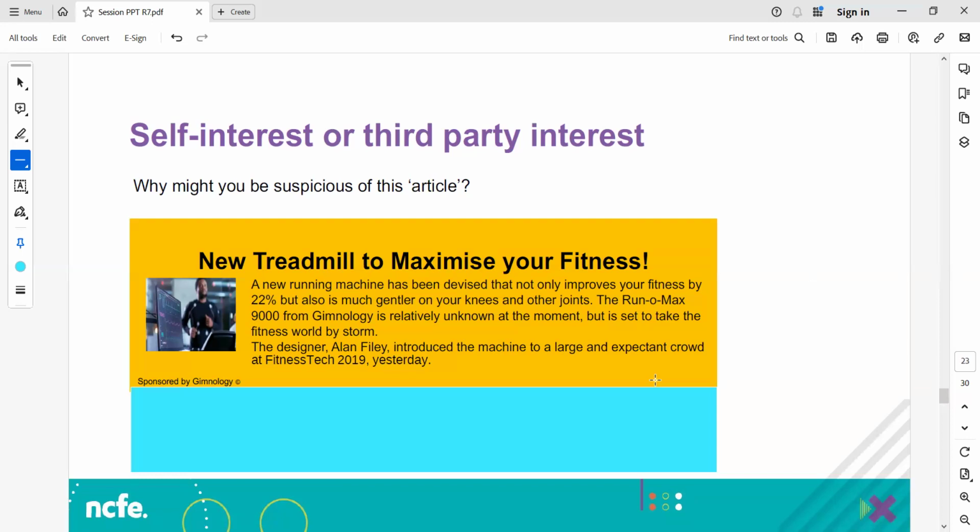So why might we be suspicious of this article, which is raving about this new running machine, telling us how great it is?